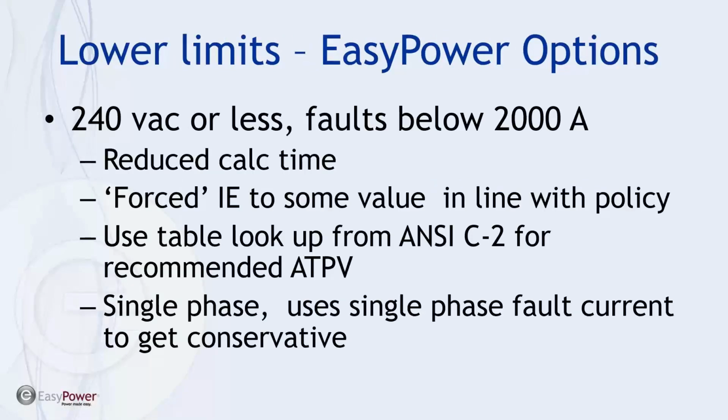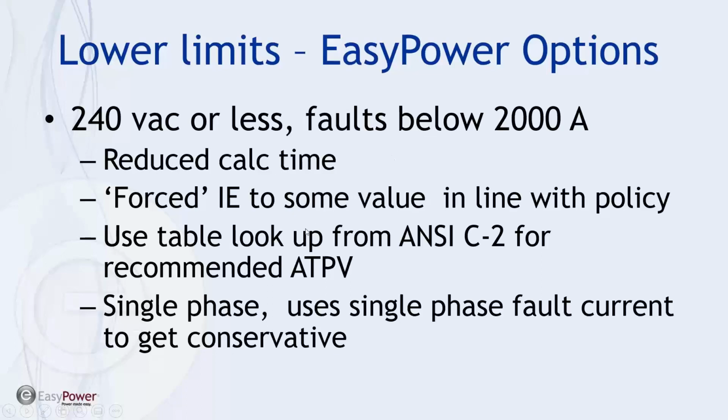Now, on the lower limit, it's fairly easy to deal with because we do have several alternatives. And EasyPower includes most of these, or gives us the ability to access most of these. So I'm not going to spend much time on this, but this includes the ability, on systems that are 240 volts or less, below 2000 amps, to limit or max either the calc time or some forced value that we know is a conservative estimate for these parts of the system.